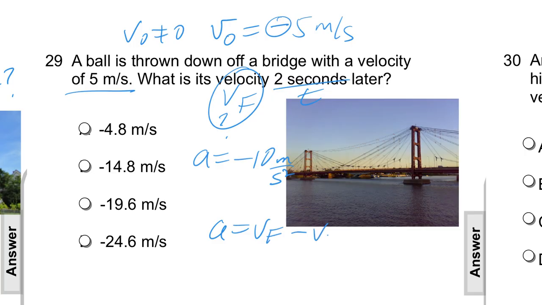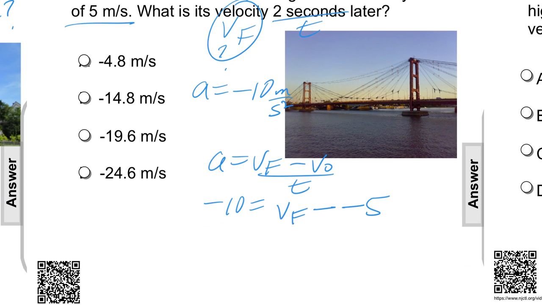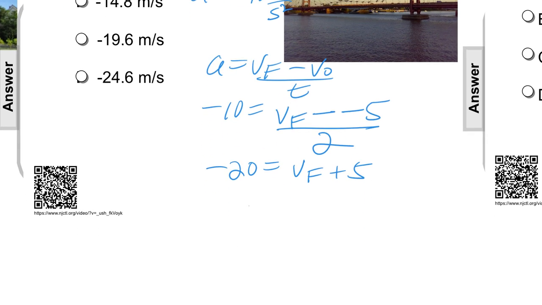So A equals VF minus VO over T. -10 equals unknown minus a -5 over T, 2 seconds. So cross multiply -20 equals VF plus 5. So VF is equal to -25.